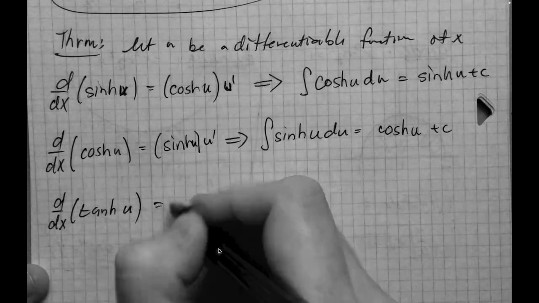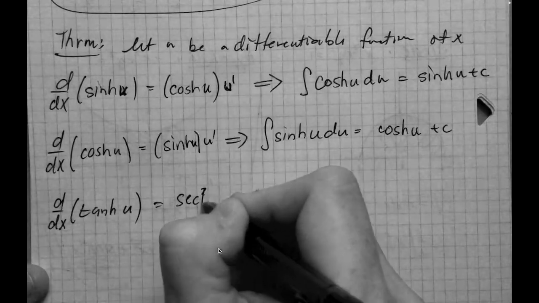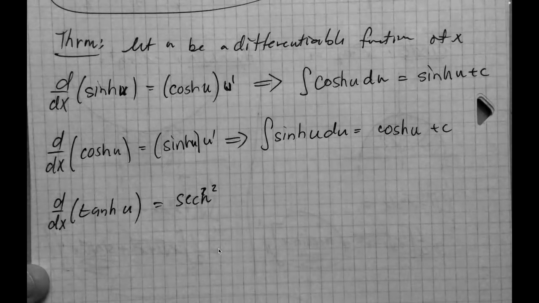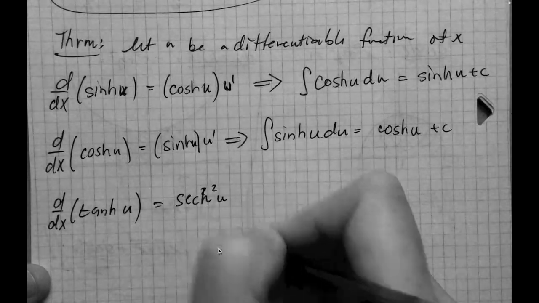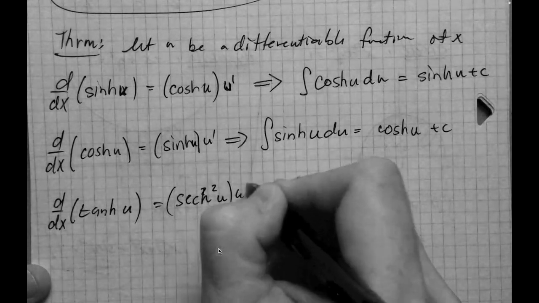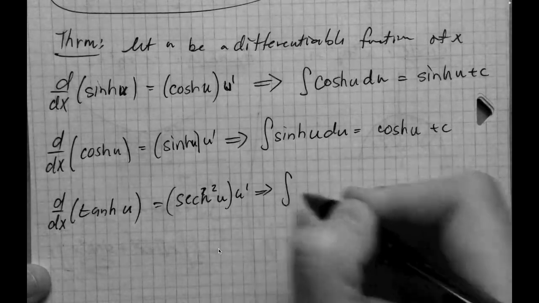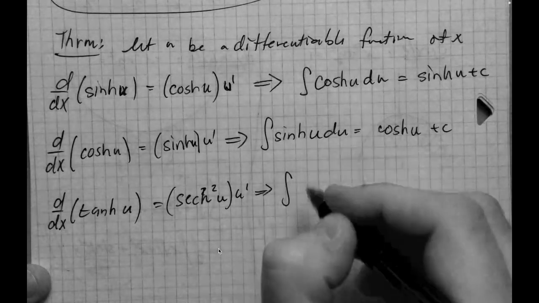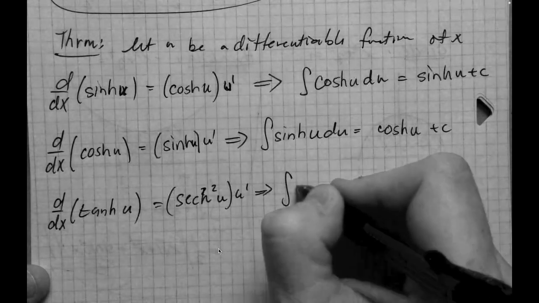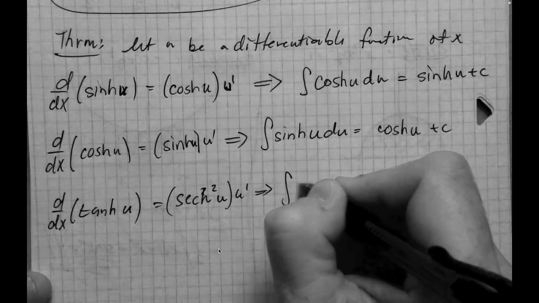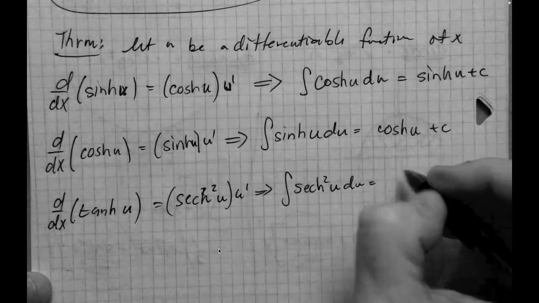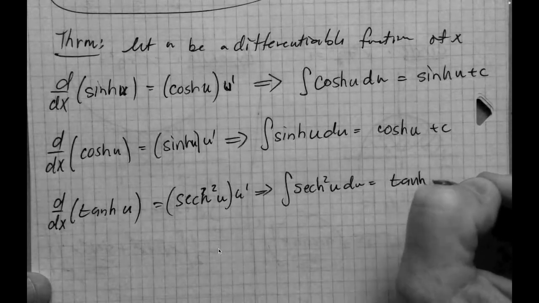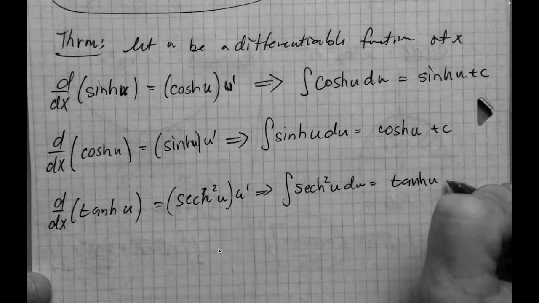Well, not the same actually, but the derivative is hyperbolic secant squared of u times u prime. And so that's going to naturally imply that the integral of the hyperbolic secant squared will be hyperbolic tangent plus c.